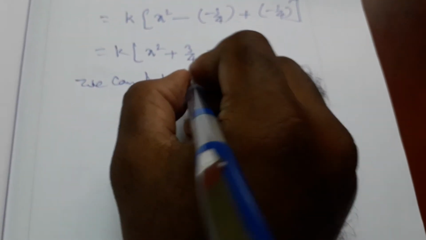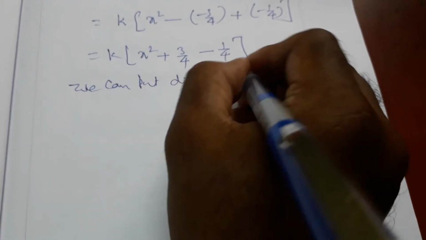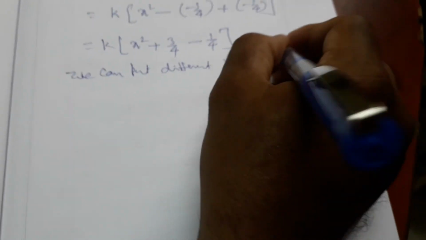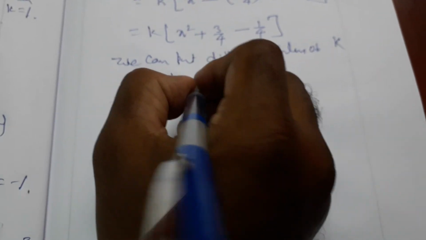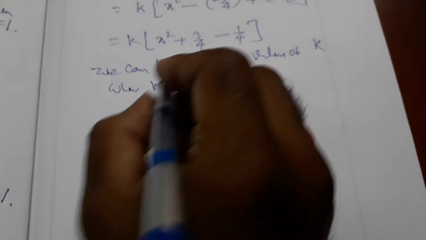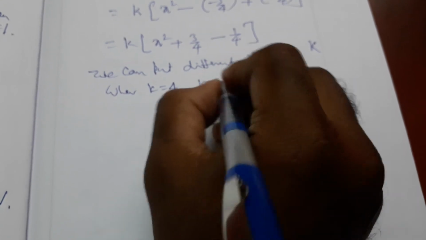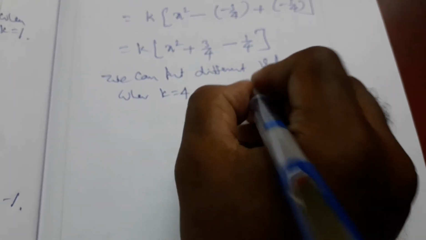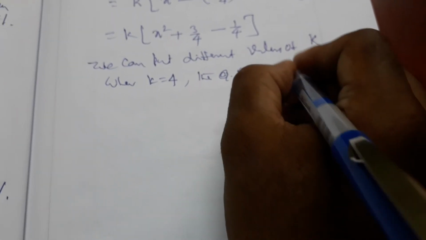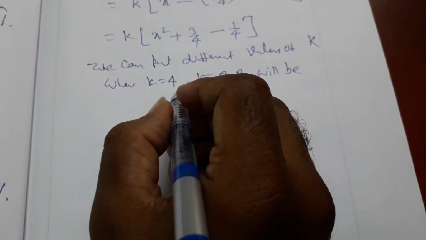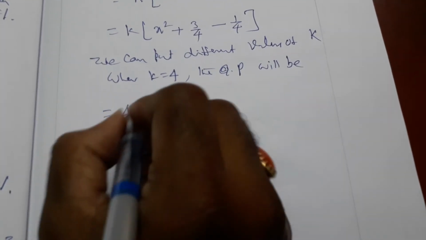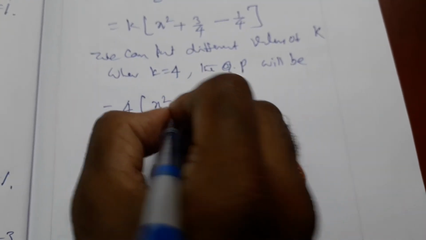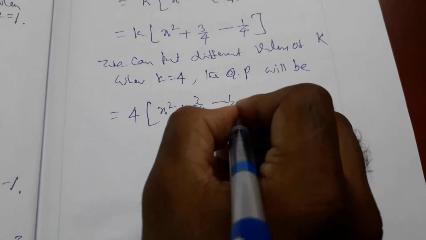We can put different values of k. When k equals 4 in this problem, the quadratic polynomial will be, putting 4 in the place of k, x square plus 3 by 4 x minus 1 by 4.